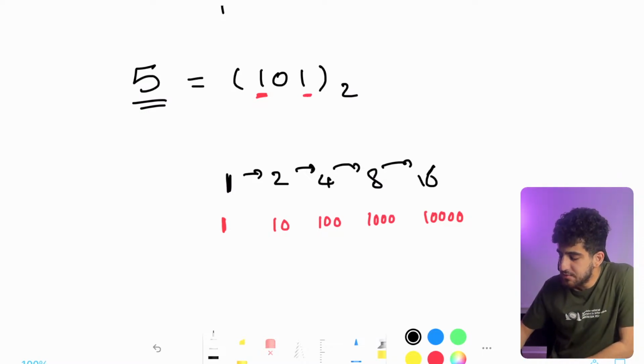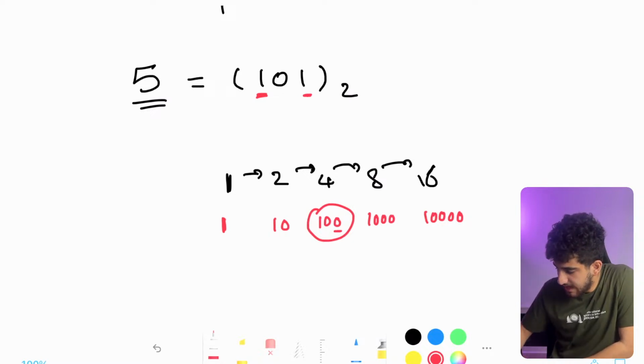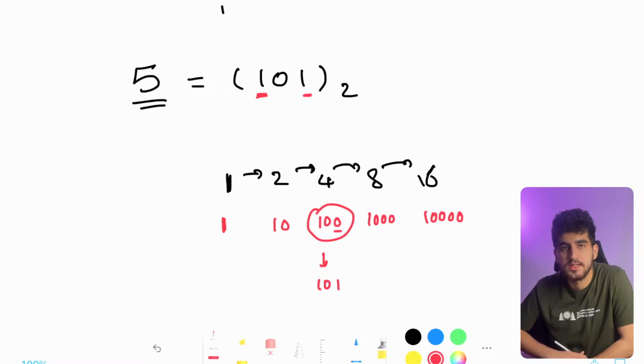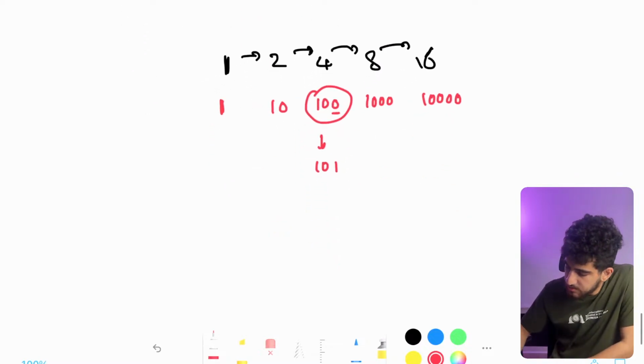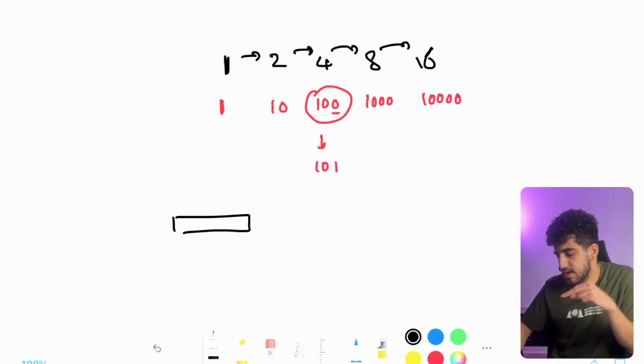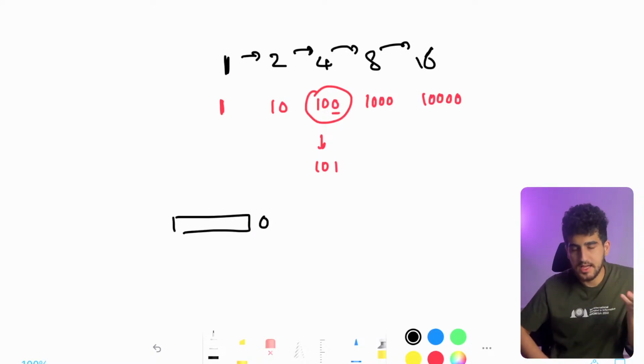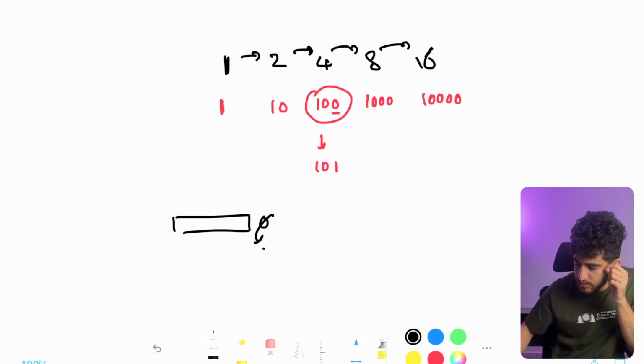So when you want to make 5, it means that you want to make this bit 1 as well, so you have to add another bacteria in here so that it becomes 1 0 1. So when you are making the number, each time you're multiplying it by 2, and then if you want that bit to be 1 in x, you can add 1 additional bacteria there and make that 0 into a 1.